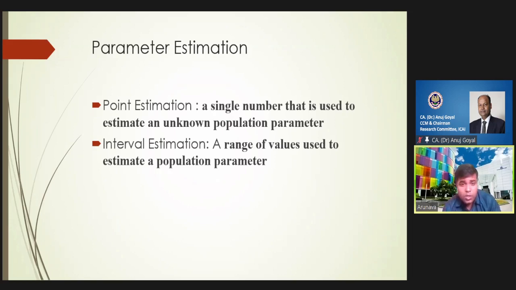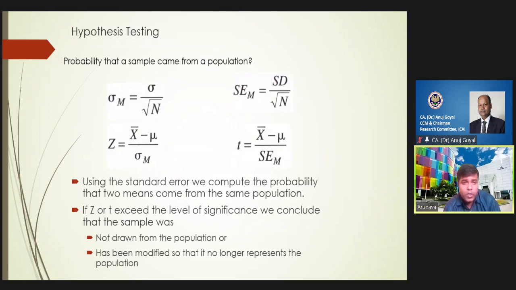Parameter estimation I have already discussed. Now in hypothesis testing, what a hypothesis is and how it is formulated has already been covered in a previous session, so I'm not going into what a null hypothesis and an alternate hypothesis are. Formulating a correct, good hypothesis is very essential; only then can we use the data to prove that hypothesis.